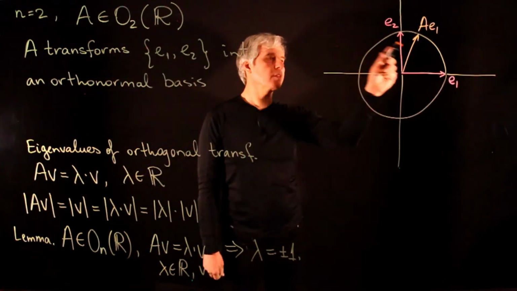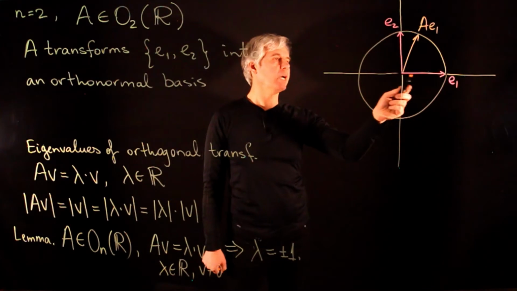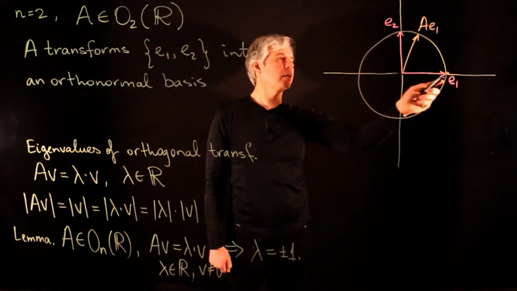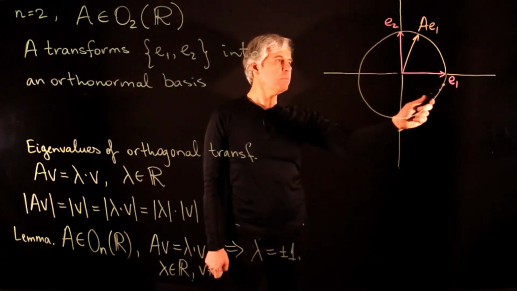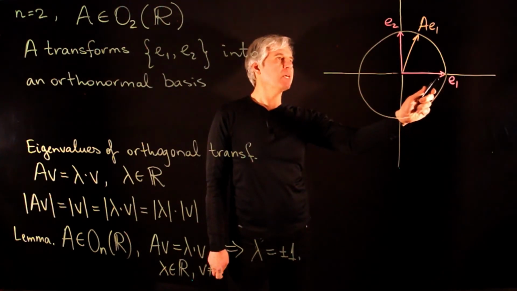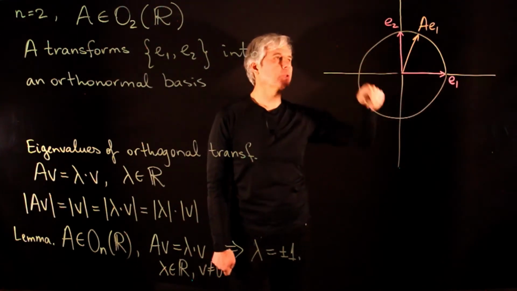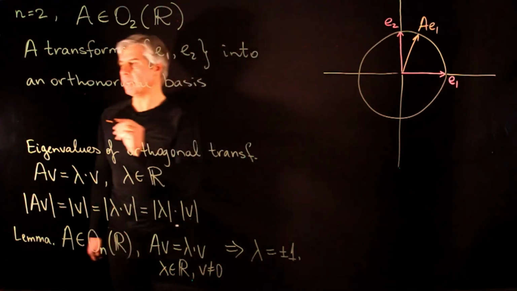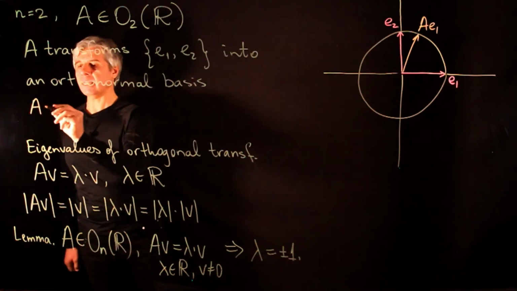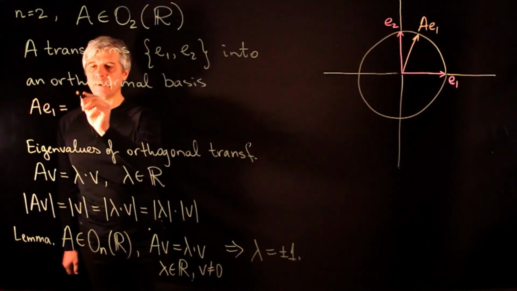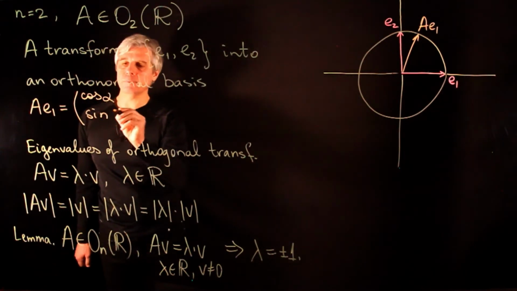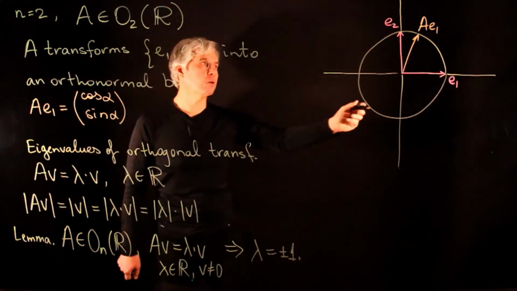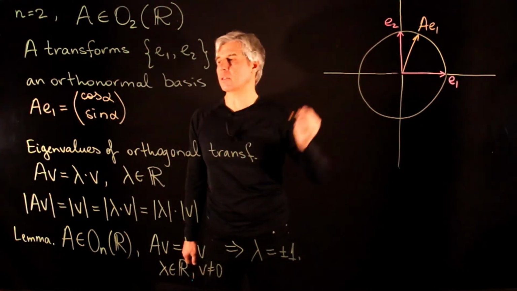Now let us look at the geometry of this. Here we have a unit circle and two standard basis vectors on a plane. The image of E1 must be a unit vector, so it must belong to this circle. So this means that we can write AE1 as the vector (cos alpha, sine alpha), because every vector on a unit circle can be written in this way.